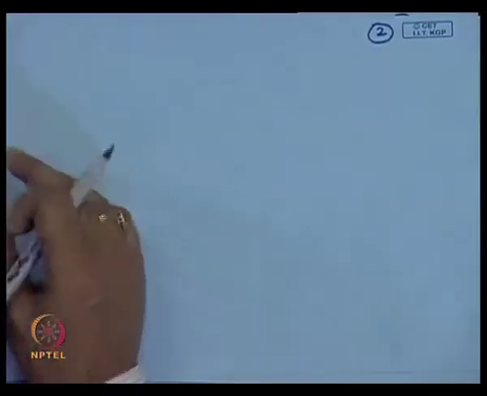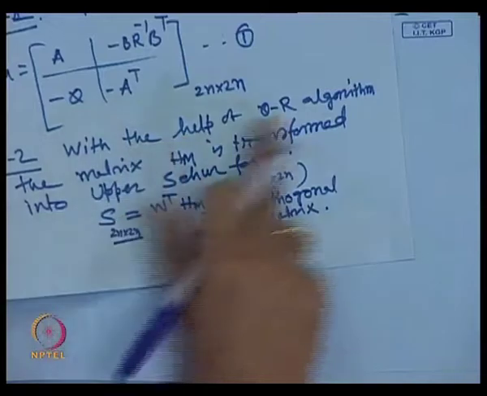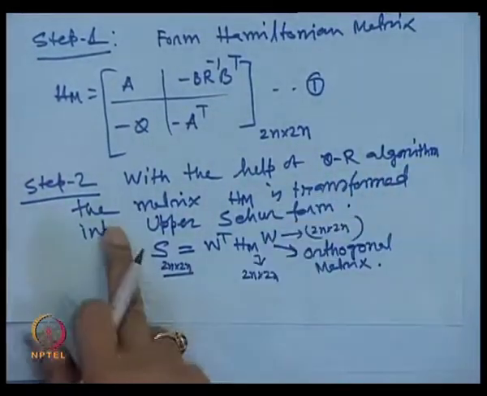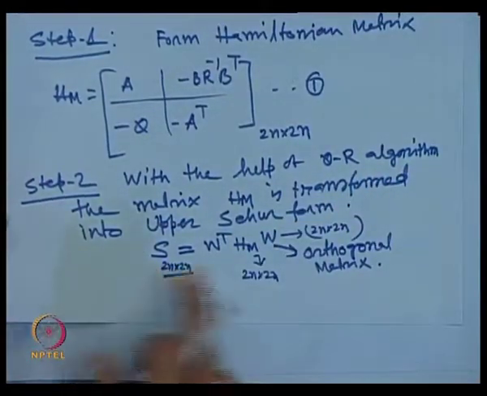So what is our next step, our algorithm? The first step is to form a Hamiltonian matrix. The second step is, with the help of QR decomposition, you convert it into Schur form. Agree?